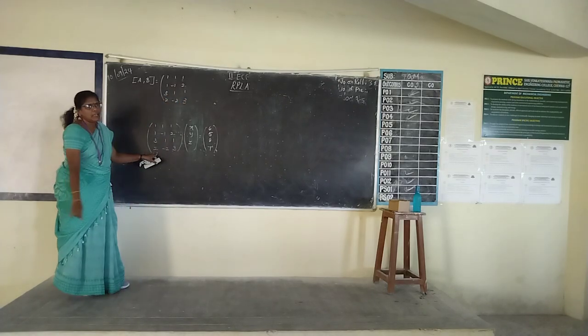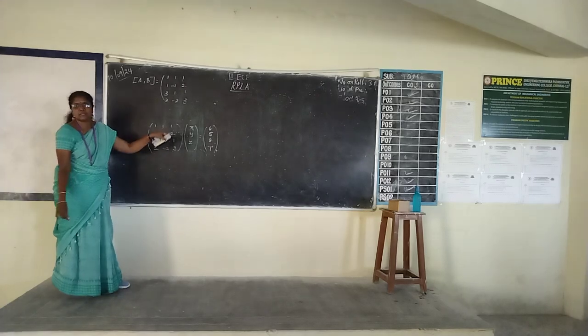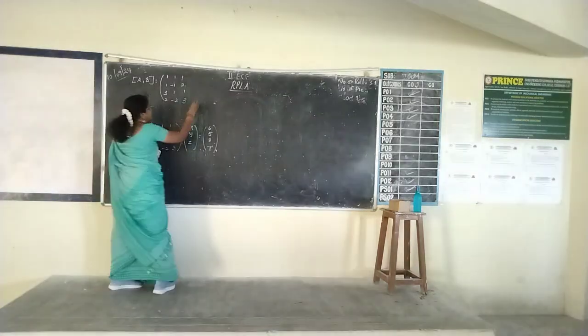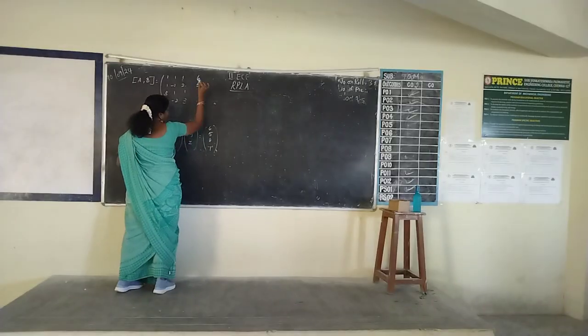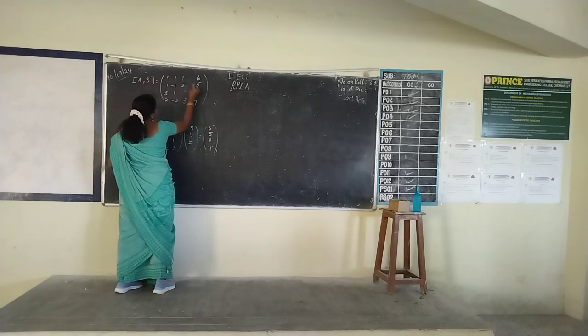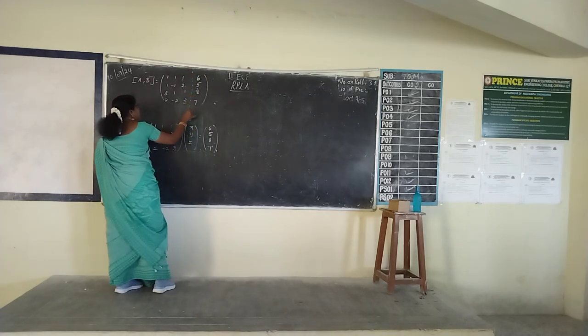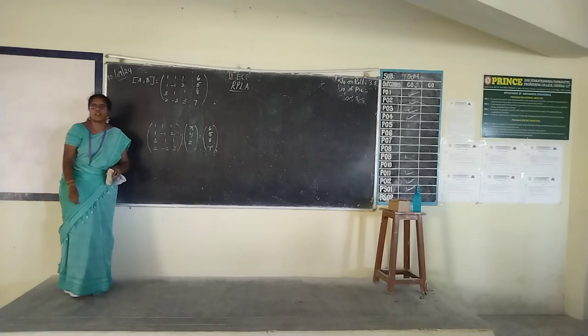Write the matrix A and then include the matrix B. Matrix B is only one column, so you will get 6 5 8 7. Just for our identification, put a dotted line up to here, just for our reference.